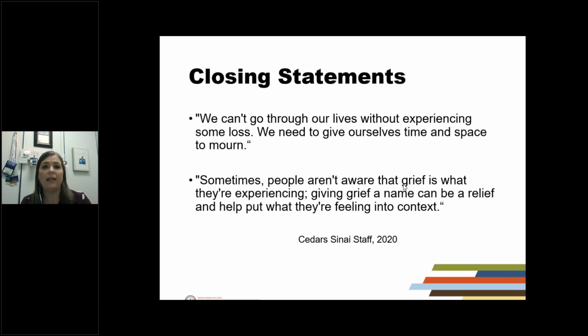And also identify the different types of losses that we can experience. So loss not only means that it's by death, and that it's someone in your family. Loss could be letting go or separating from people that are important or special to us. Kids can be suffering grief or pain from losing their teachers, right?